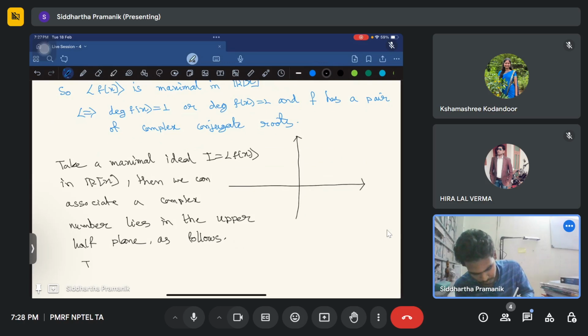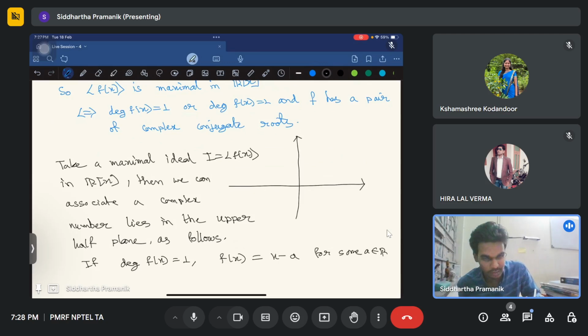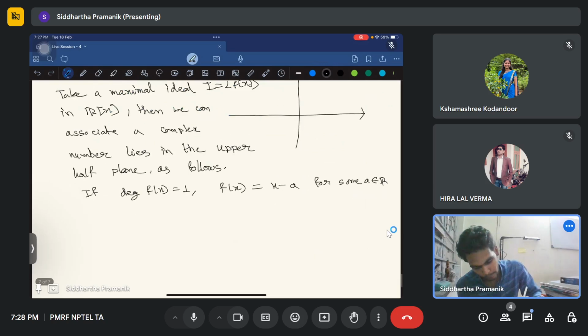So if the degree of f(x) is 1, then f(x) is just x minus a for some a belonging to R. So you just attach a with f(x).